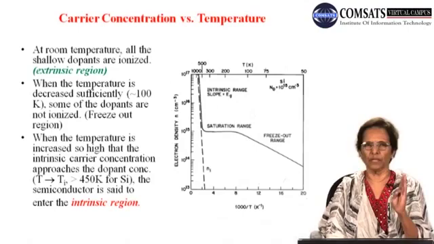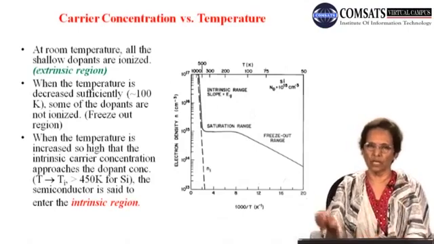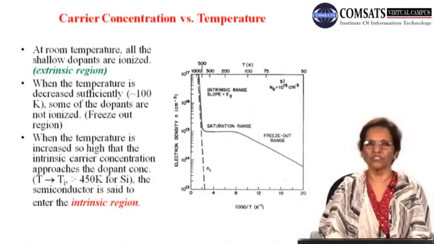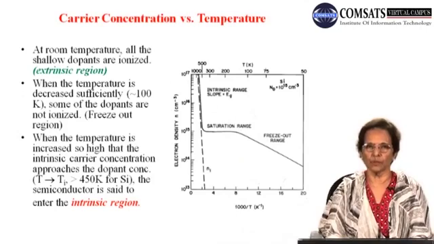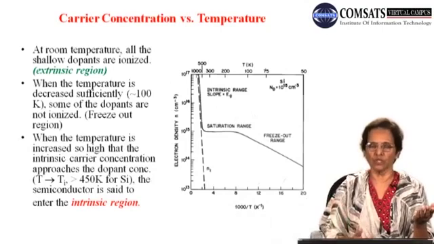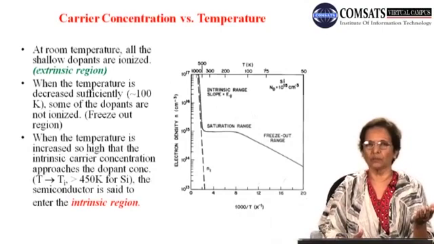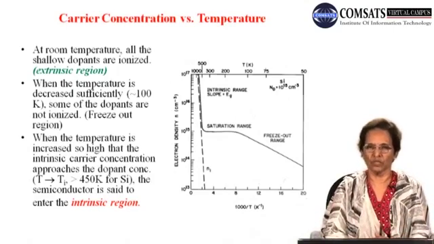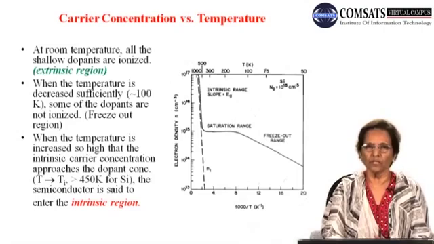You added 10 to the power 16 donors. Now you add the same concentration of acceptor impurity. What is the net result? The electron concentration from the dopant impurity is now equal to the hole concentration coming from the added acceptor impurity. This mechanism is termed counter doping.